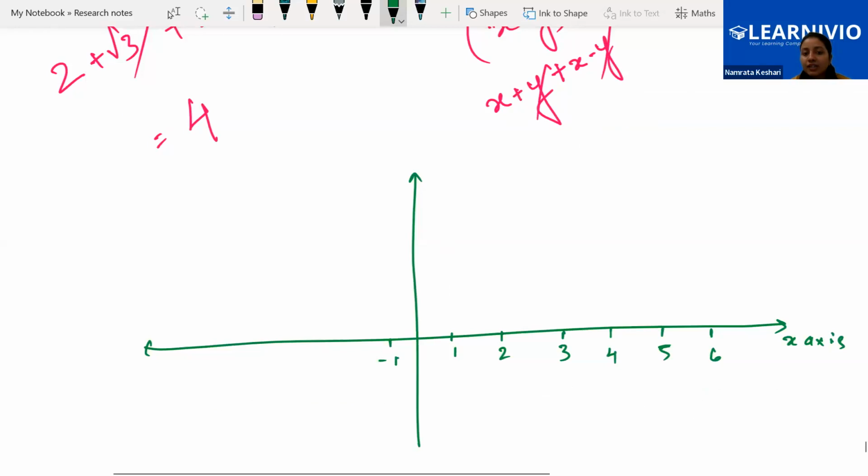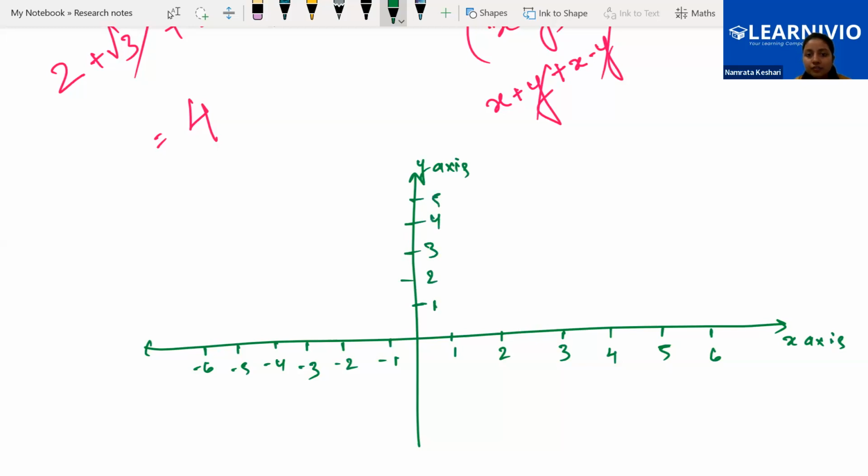Similarly, here we'll have negative numbers, -1, -2, -3, -4, -5, -6. On the y-axis, we'll have 1, 2, 3, 4, 5. Here we'll have -1, -2, -3.